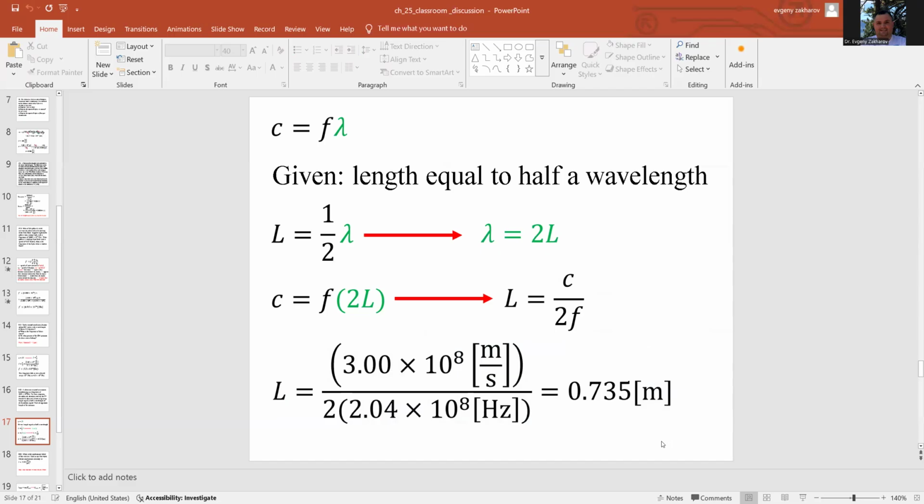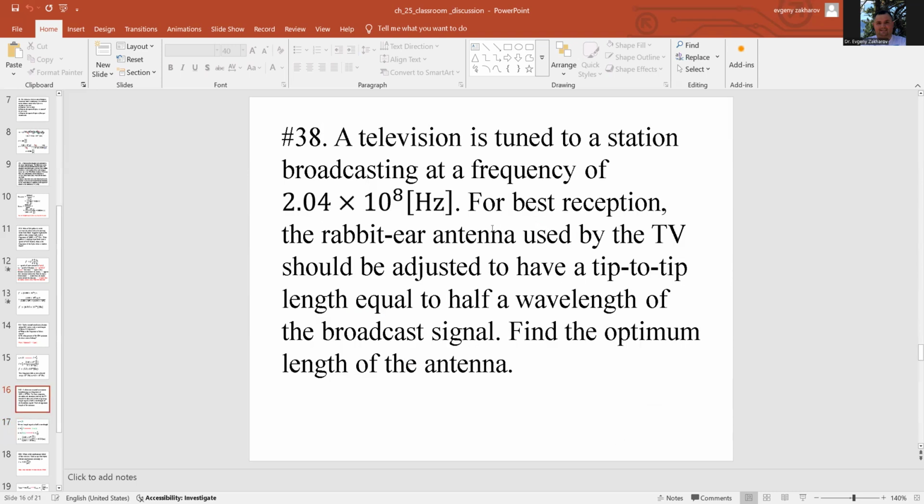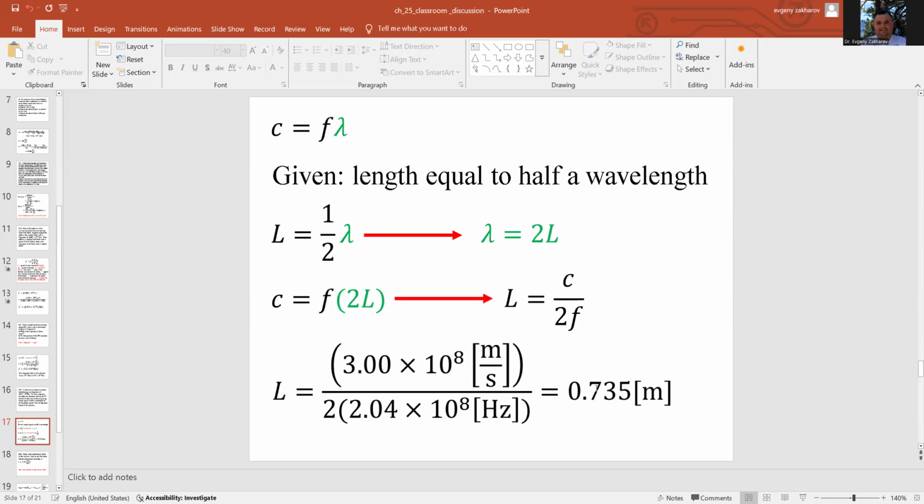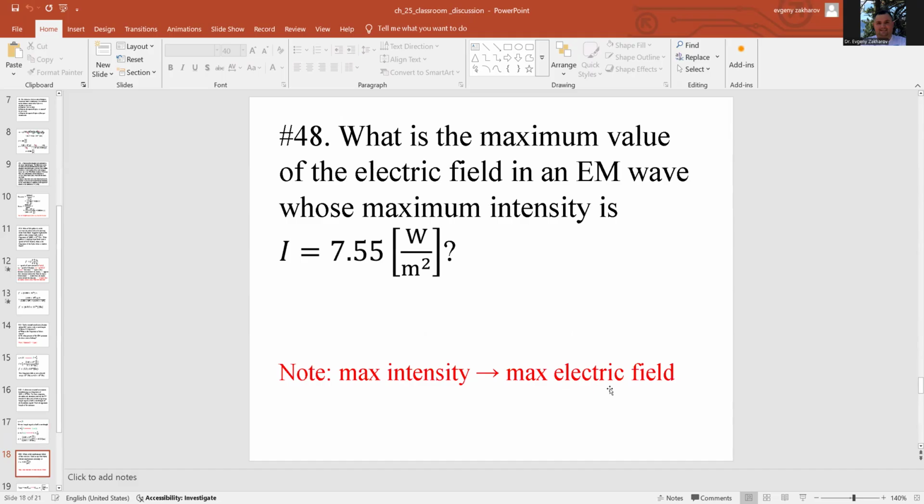Well, that's your real life situation. You've seen those old school antennas. Nowadays, they make it all digital and with amplifiers. That's a different story and a different discussion. Without any fancy digital equipment, you just produce an antenna of this length, and you can watch that particular station in the best possible scenario, with the best possible quality.